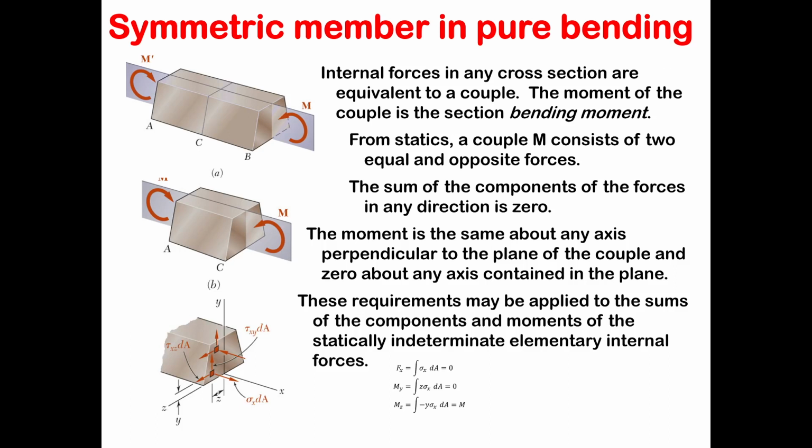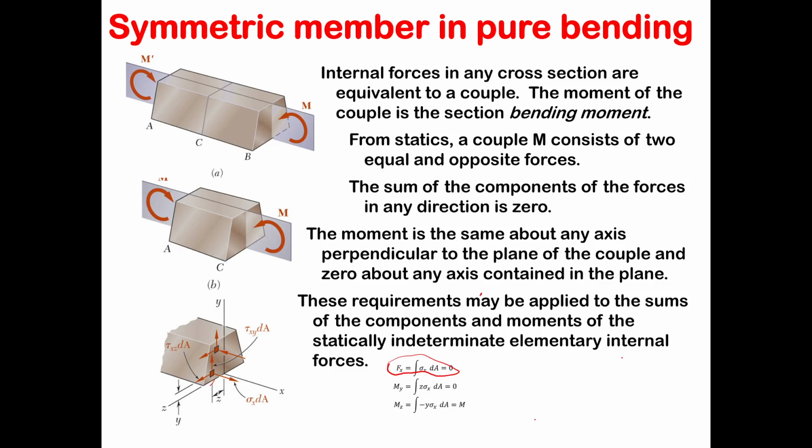So these requirements can be applied to the sum of the components and moments of the statically indeterminate elementary internal forces. Okay, so which essentially means that sigma of F in the x direction. We have the coordinate system. Keep in mind that this is the x direction, right? Sigma of Fx is going to be 0 based on what we see here.